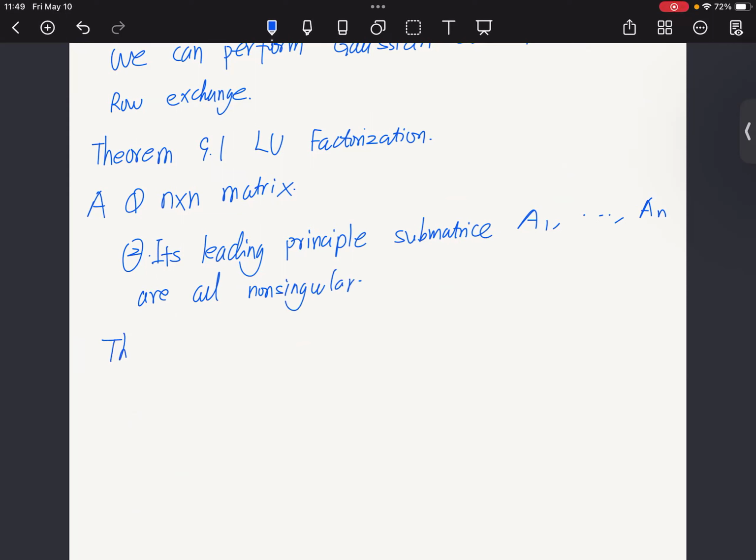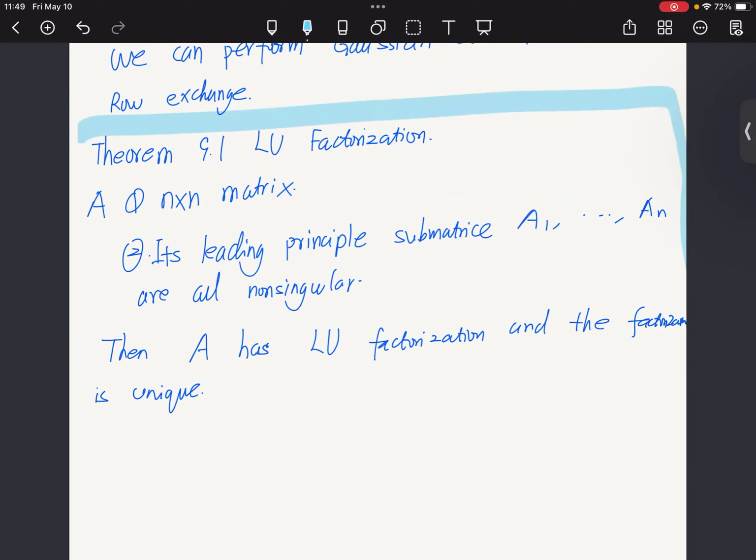And then we have the conclusion that A has an LU factorization, and the factorization is unique. This is the theorem about the LU factorization.